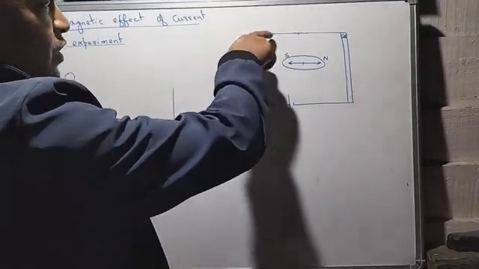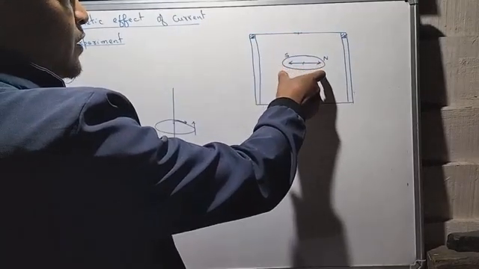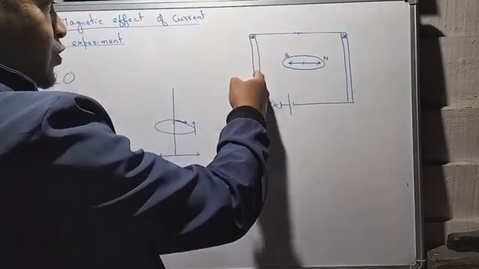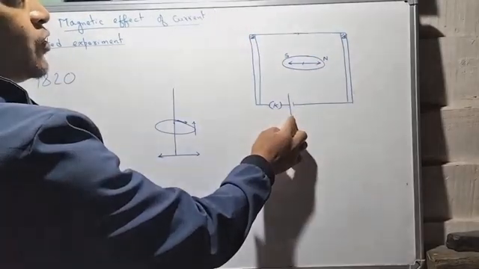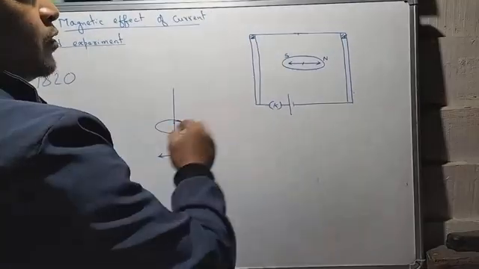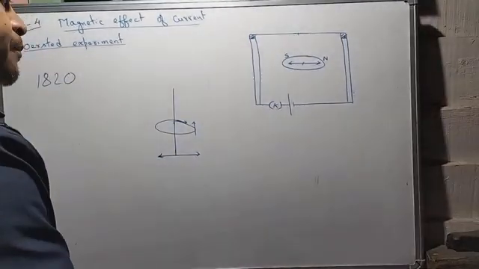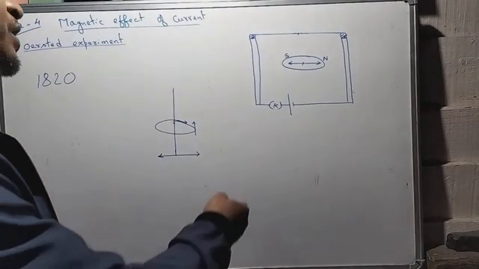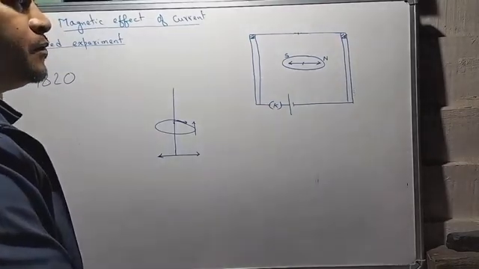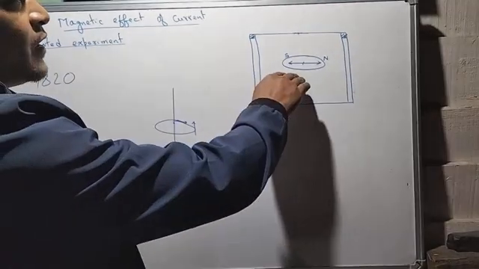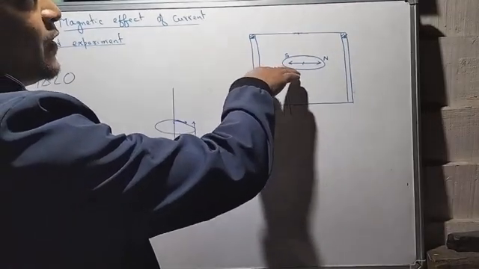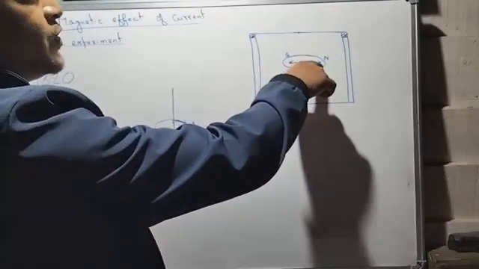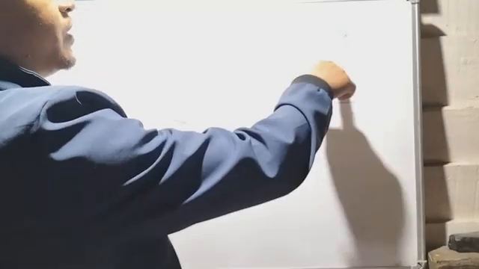He placed this conductor above the magnetic needle and he connected the two ends of the conductor to a cell and then a key in this way. So what happened is when he switched off the key, he finds that this magnetic needle is pointing horizontally in this direction.